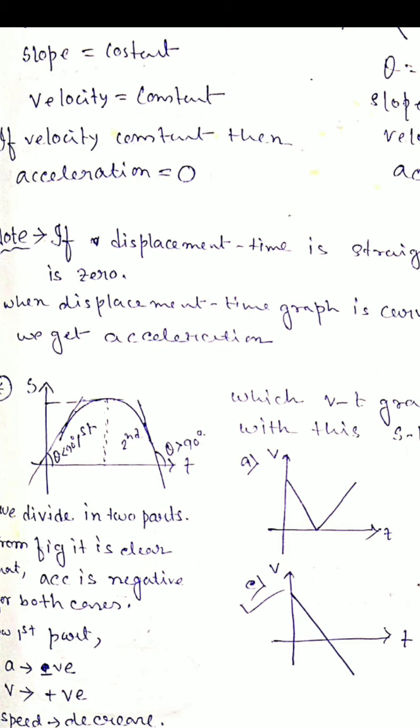And in the middle part, I will also draw the dotted line. In that part, the tangent is parallel to the x-axis or t-axis, so no slope, slope is 0. That means in the middle of this curve, velocity is 0 because slope is 0.